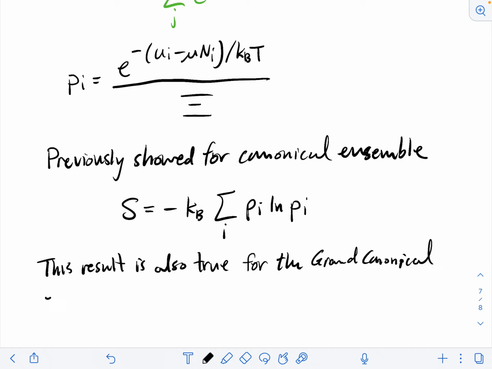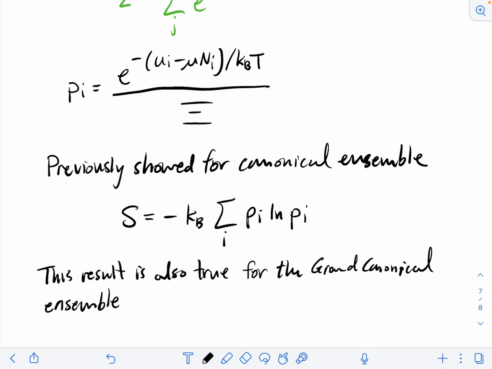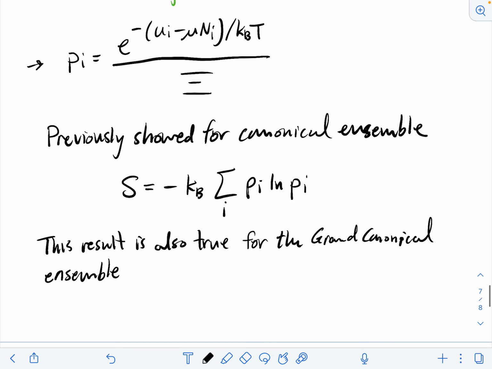Of course, the only difference is that we have to use the new form of the probability of a system being in state phi_i. Other than that, it's the same.